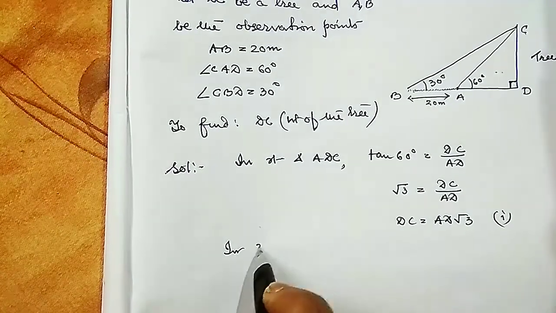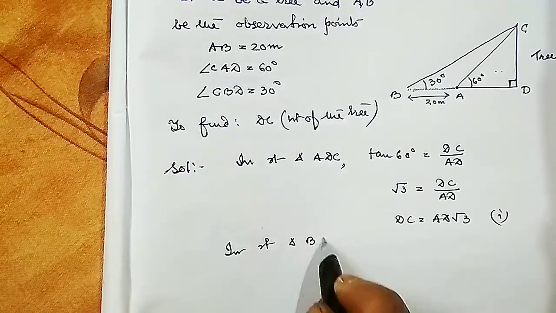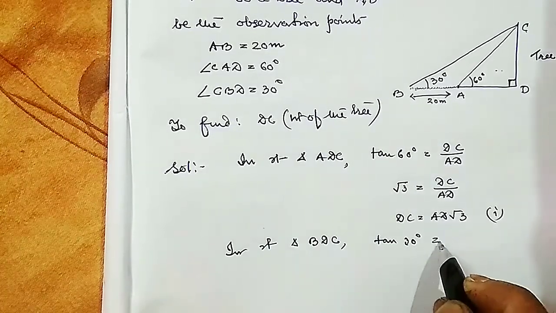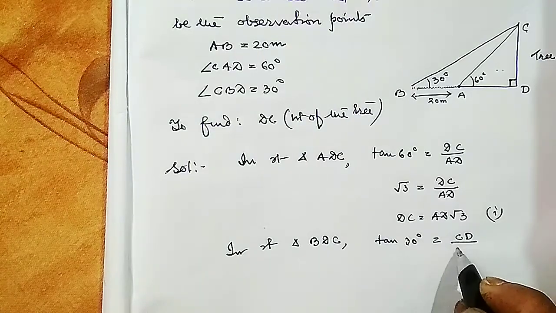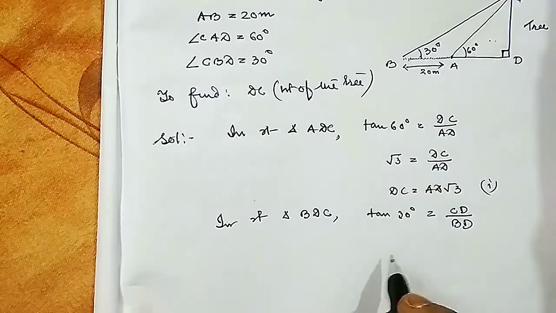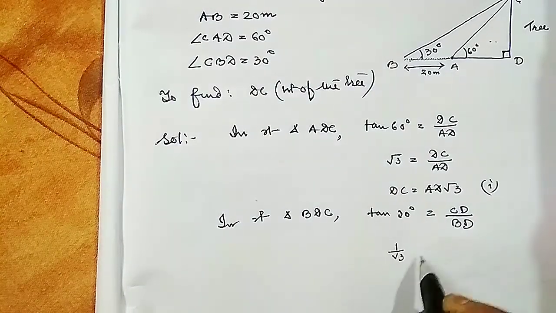In right triangle BDC, tan 30 will be CD by BD. Now tan 30's value is 1 by root 3.